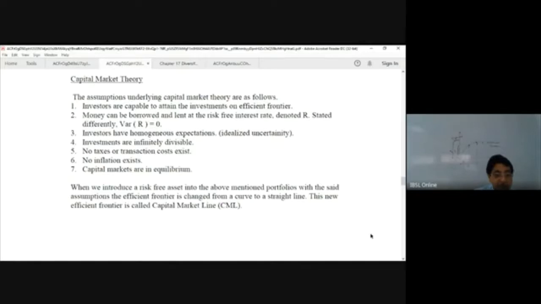I want to again do it because some of you might have not been able to grasp those things at the first instance. And this efficient frontier is called the capital market line.